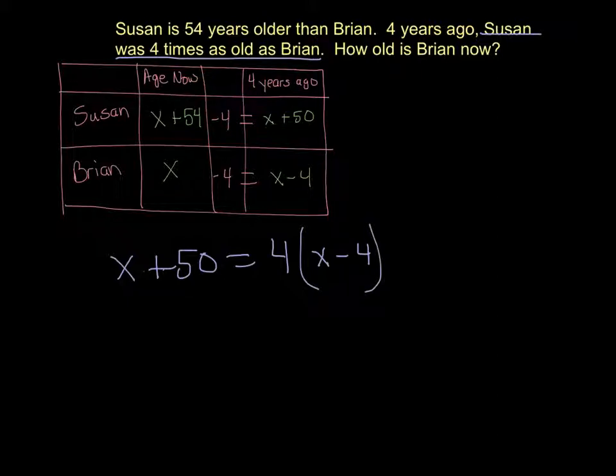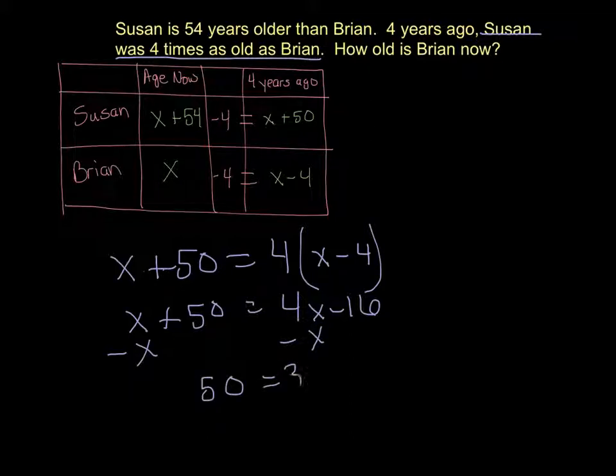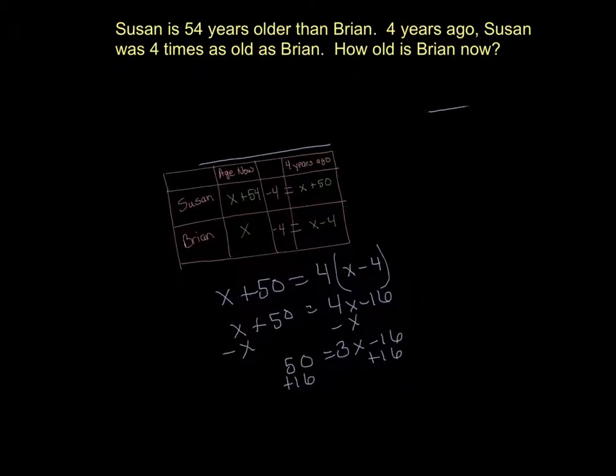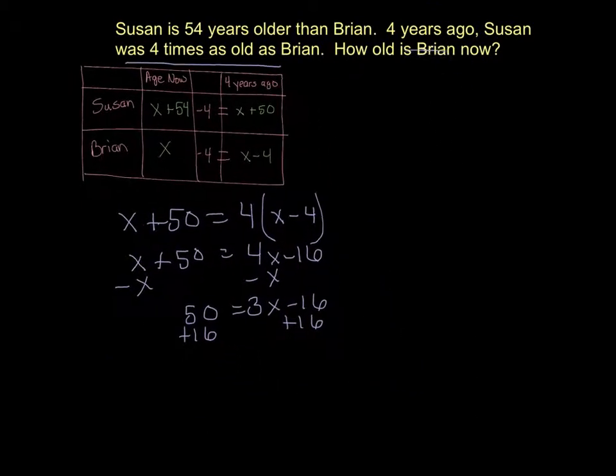Now we can solve our equation. Let's start by distributing. Get 4x minus 16. Then we subtract x from each side. So 50 equals 3x minus 16. Add 16.